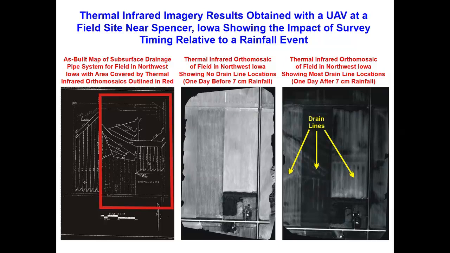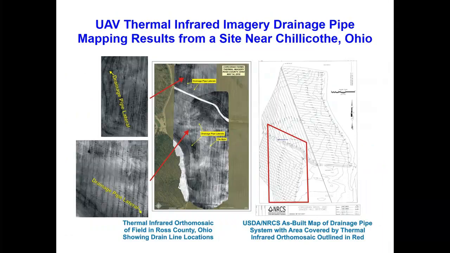Being there at the right time, maybe after a rainfall event, there's a good chance you'll be able to see the drainage pipes a lot better than, say, that day before when it had been pretty dry. So again, what I want to emphasize is timing can be critical, and that's one of the things we're going to be looking at closely this coming year.